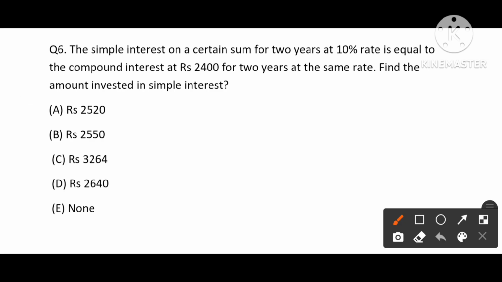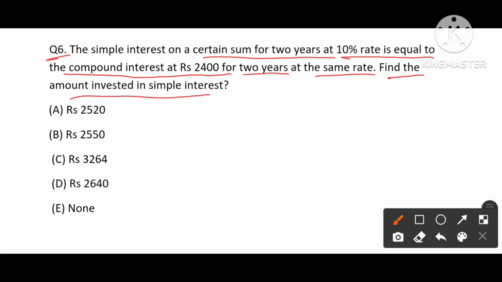Now we are going to see question number 6. The simple interest on a certain sum for 2 years at 10% rate is equal to the compound interest on 2400 for 2 years at the same rate. Find the amount invested in simple interest. We don't know how much amount is invested in simple interest.